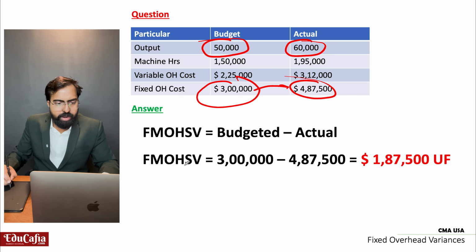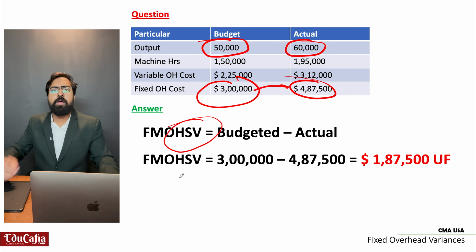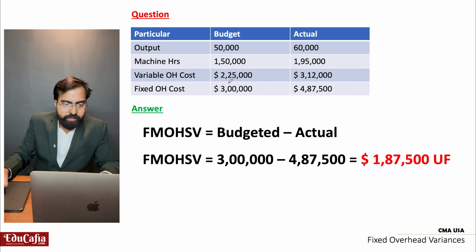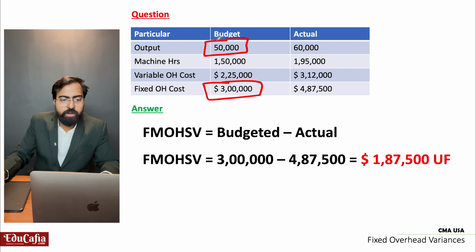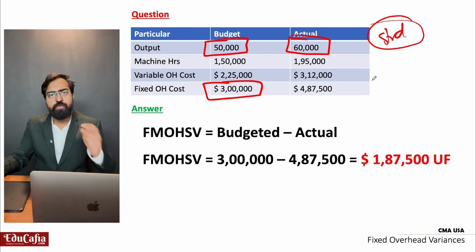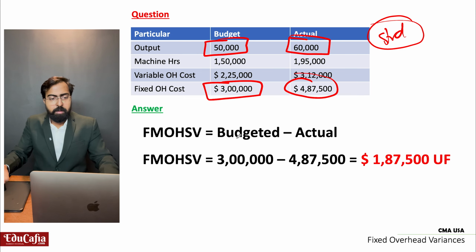That we calculated through the spending variances. But for this volume variance, we have taken 3 lakhs for 15,000 output. If it is 16,000 output, we should know what the standard rate is. If we get the standard rate, then you can compare with your actual rate, not a budgeted rate.